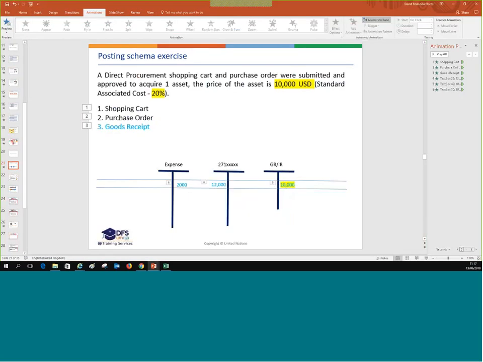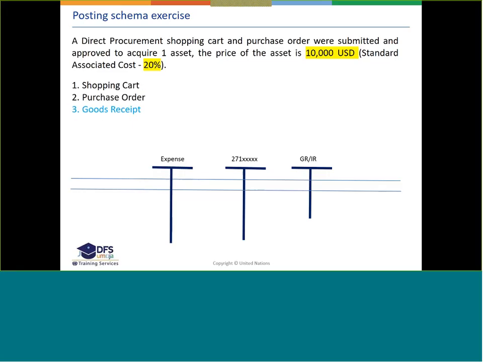So the price of the asset was 10,000. Then after adding 20%, we have 12,000 that is capitalized. So we are not capitalizing only the price of the asset. We are considering as acquisition value the price plus 20%, right?